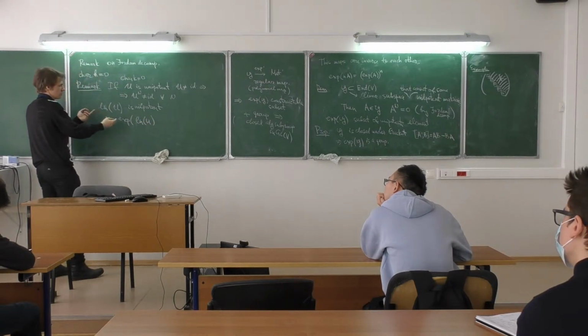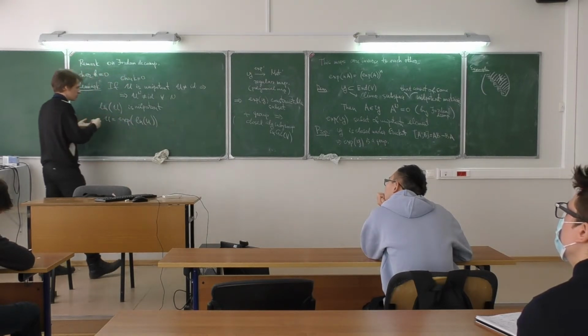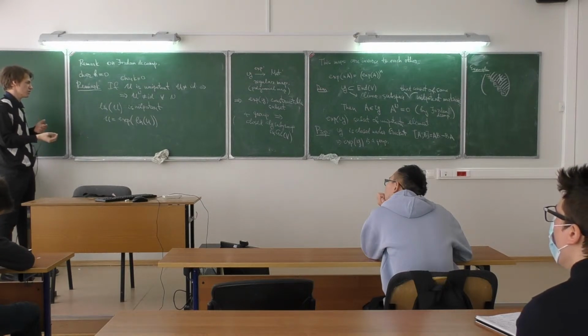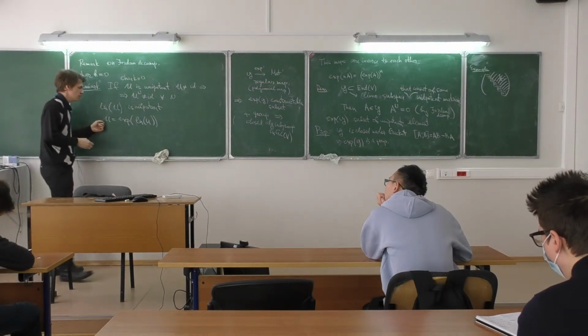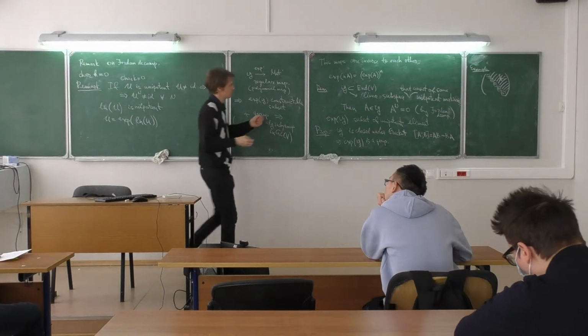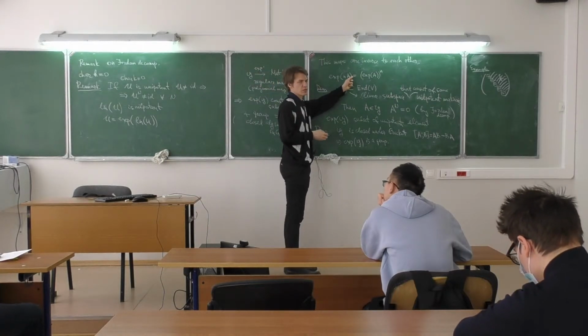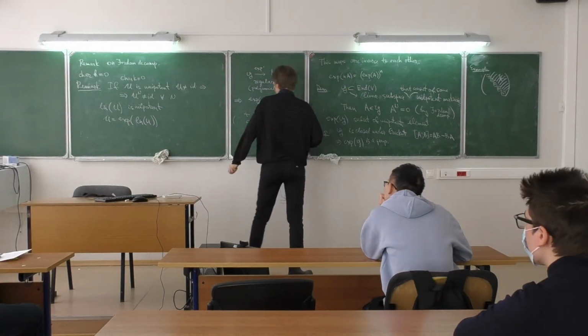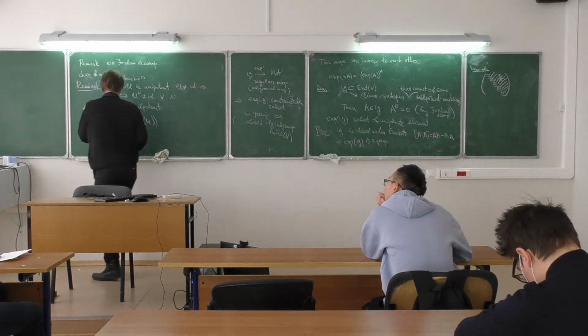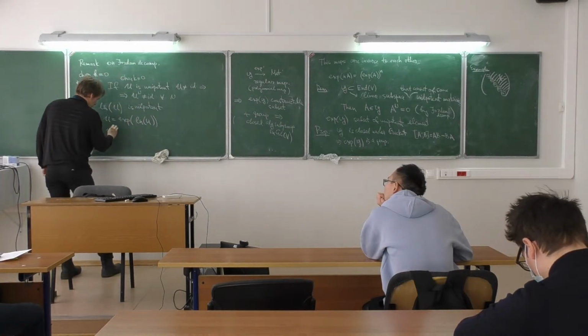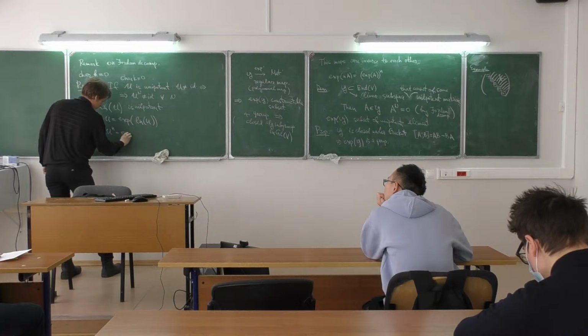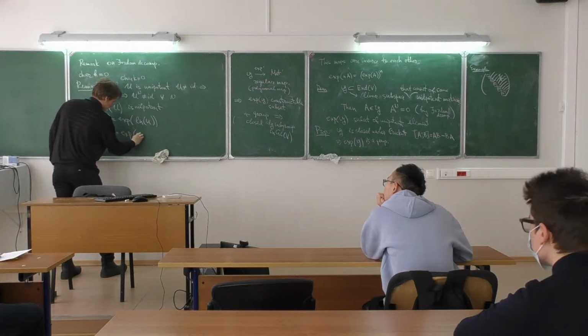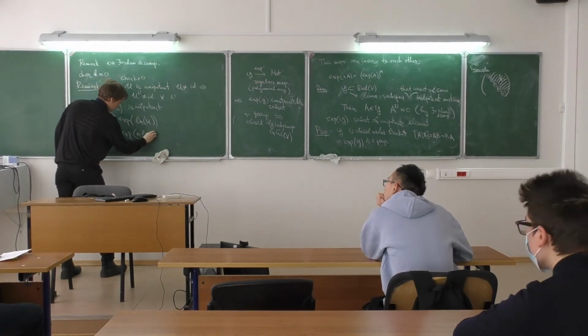Logarithm and exponent are bijective maps inverse to each other. So you may introduce n in order to write u to the power n as exponent of n logarithm u.